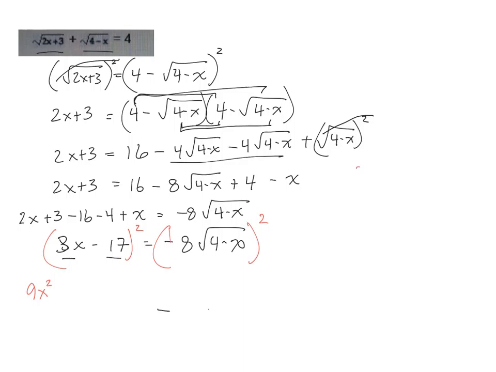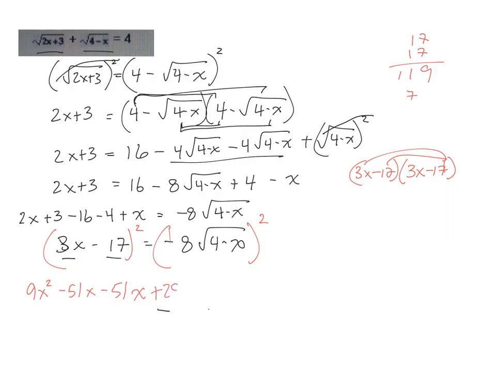Maybe I'll write them over here. 3x minus 17, 3x minus 17. So it'd be 9x squared, and then minus 51x, minus another 51x, and then 17 times 17. What's that? I should have a calculator. 49, 4, 11, 7, 289.